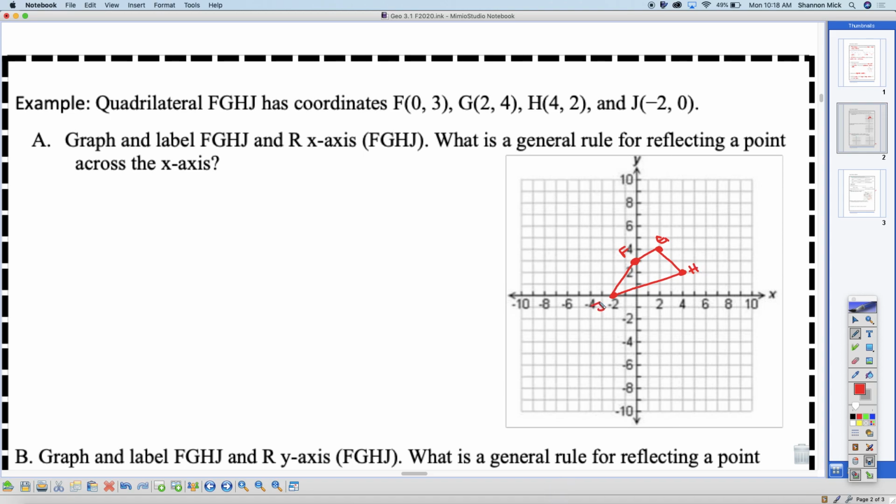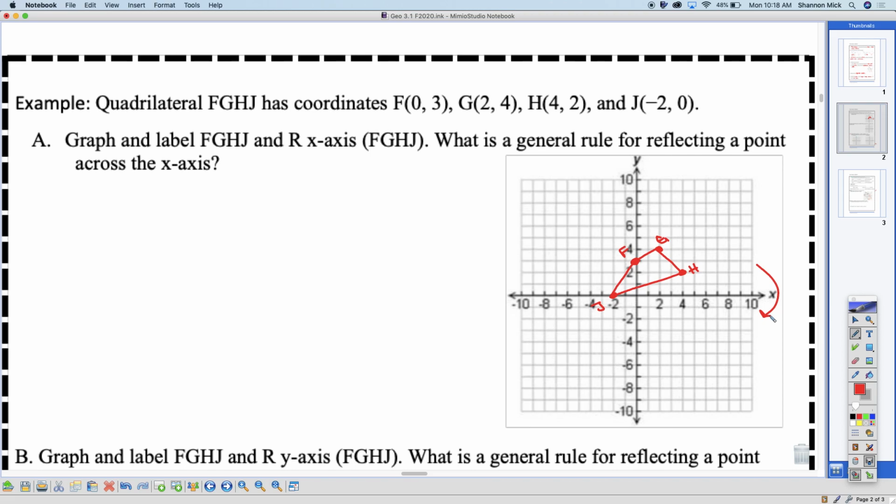Okay, so I need to reflect it across the x-axis. So that means I need to take this thing and flip it over, don't I? So what do I do to it to flip it over? Well, J would stay the same because it's on the x-axis, right?